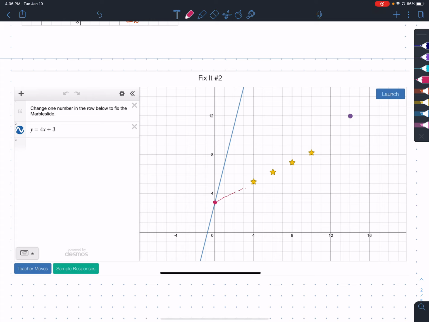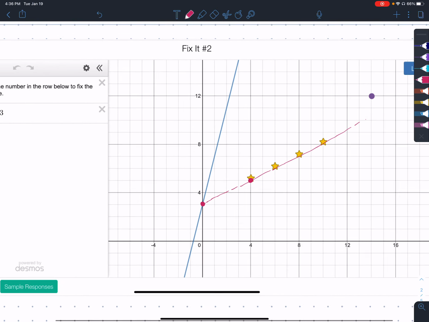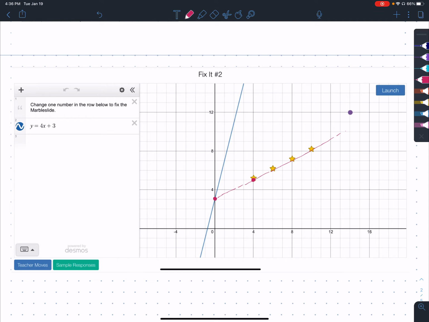We just want this to look like that. So I'm going to use this as a point, and we want to make this line up. So I would say that the initial value is perfectly fine. We don't need to change that. We just kind of want to tilt this line here so that it tilts downwards.